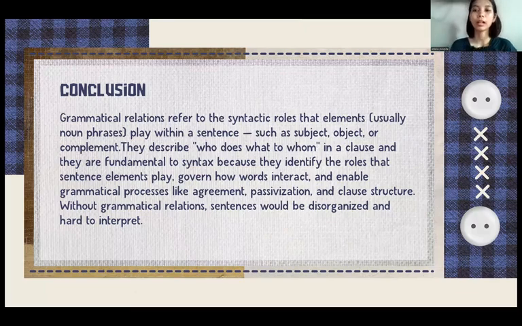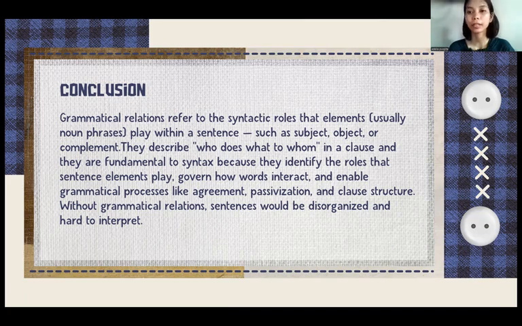Okay, after that, I have a conclusion. Grammatical relation refers to the syntactic roles that elements, usually noun phrases, play within a sentence, such as subject, object, or complement, that I talked about before.